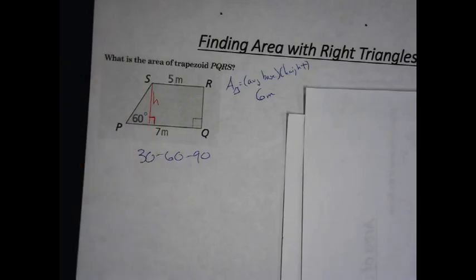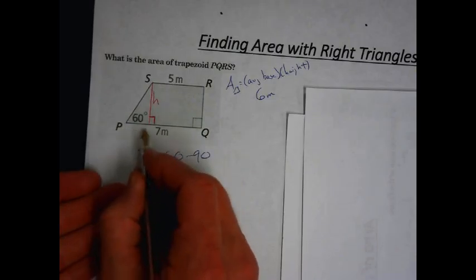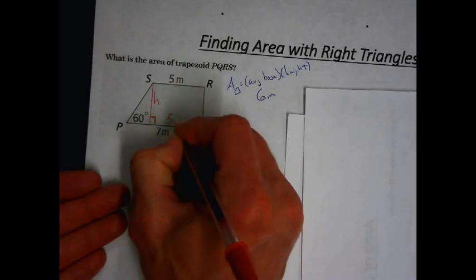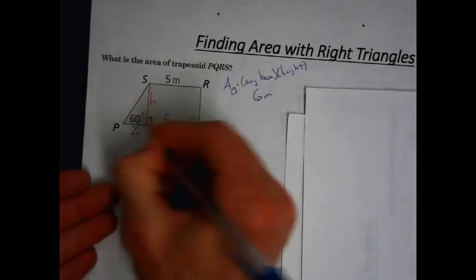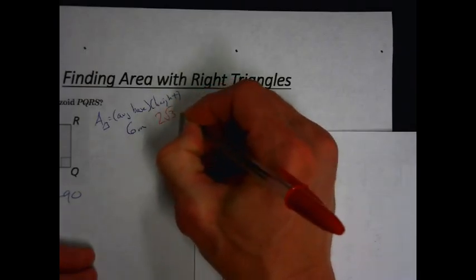Well, the old segment addition postulate, but backward. So if it's 7 meters all the way across and 5 meters from our rectangle, that will leave us 2 meters as the short leg, which means our height then is 2 times the square root of 3. That's how many meters the height is.